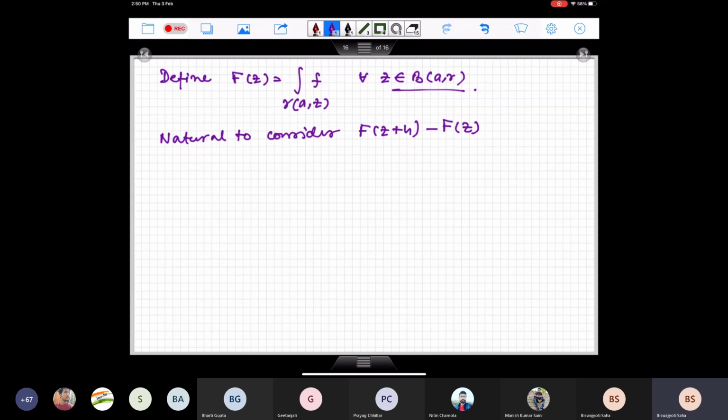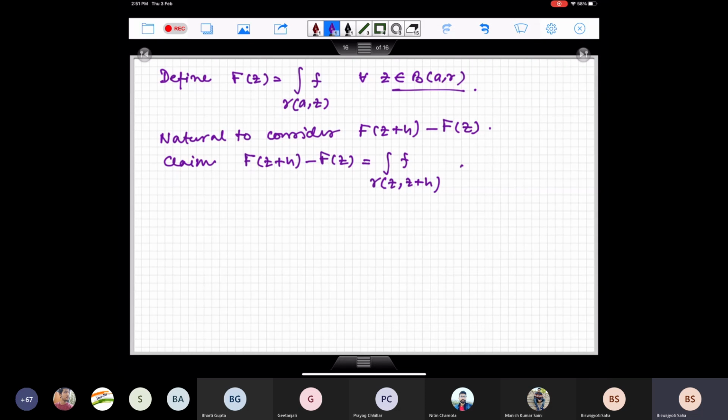Now my claim for this particular quantity is that capital F of z plus h minus capital F of z is nothing but the integral of f over gamma from z to z plus h. We need to see this. How do I see that?